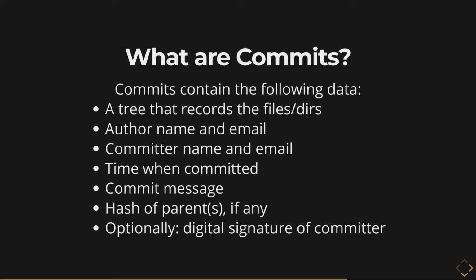Optionally, it's also possible to add a digital signature to a commit to verify cryptographically that the commit is yours, but that's not a topic that we'll cover. That's optional, so look into it on your own if you're interested. What's important is it contains a tree, that is a snapshot of your working directory. It contains author name, and committer name and email, a time, a commit message, and information about parents.